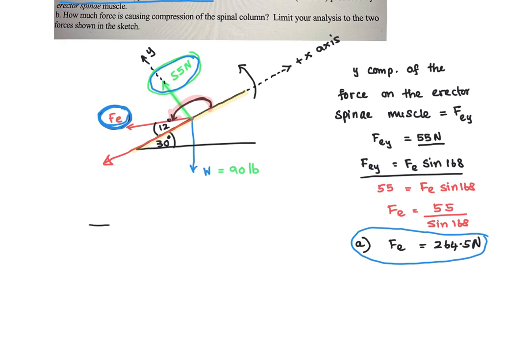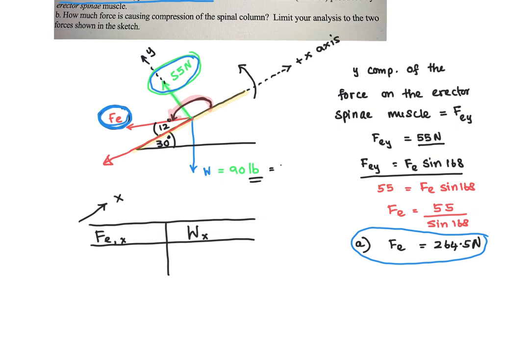Now at this point we are looking at both forces Fe and W. So this is our x direction, and Fe along the x direction and W along the x direction. Now please remember W is in pounds, so we will have to convert pounds into newtons. So when I convert 90 into newtons, I get 400.3 newtons.